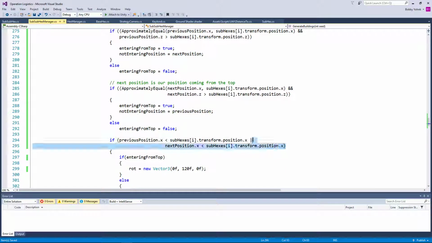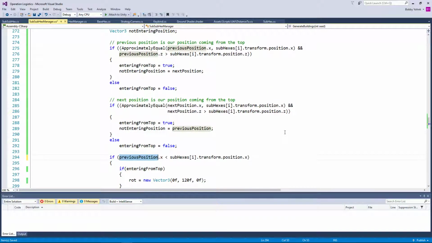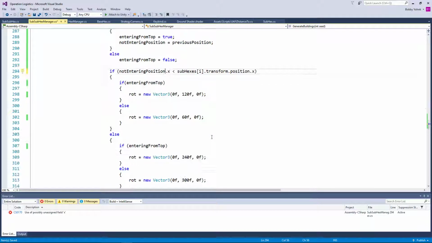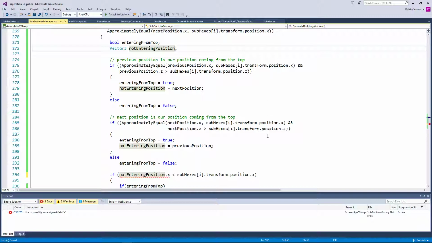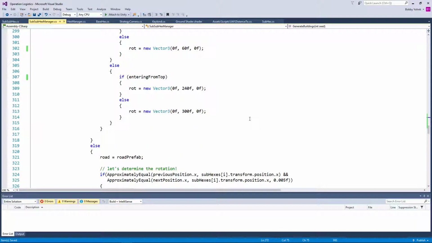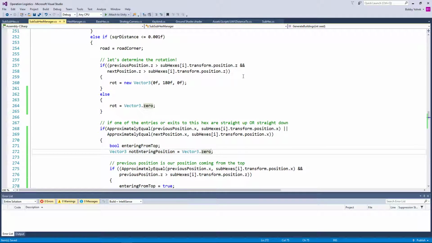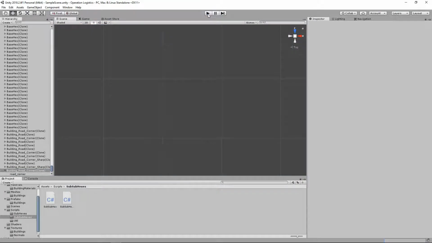So instead of running this OR check here and checking both of them, let's just check not entering position. Possibly unassigned. Yeah. It's actually not unassigned, but we'll make it be vector 3.0 for now. Okay. So if not entering position, now we shouldn't be thrown off by any potential issues, theoretically, with floating point numbers. Let's see if that works.